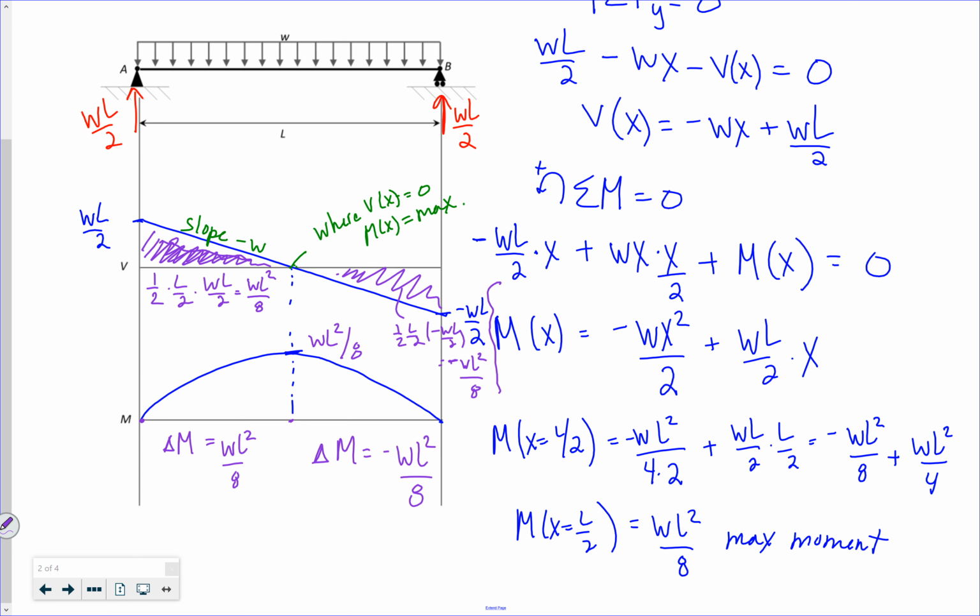Ta-da! So my distributed load means, because it is a constant function, I have a linear relationship between shear and the position, x. My shear is a linear function, and then my moment is one step higher. It's a quadratic function with an x squared in it.